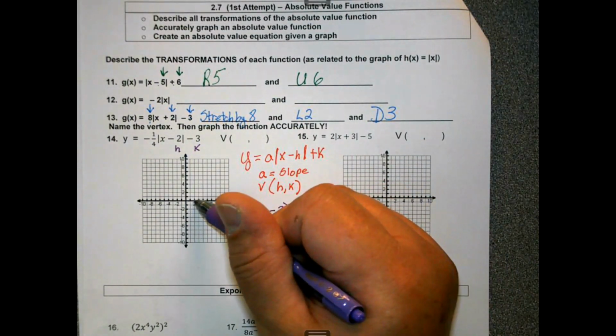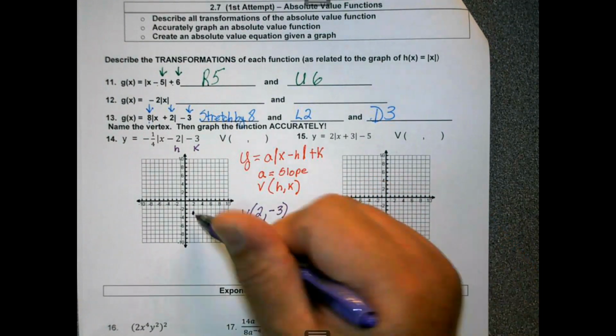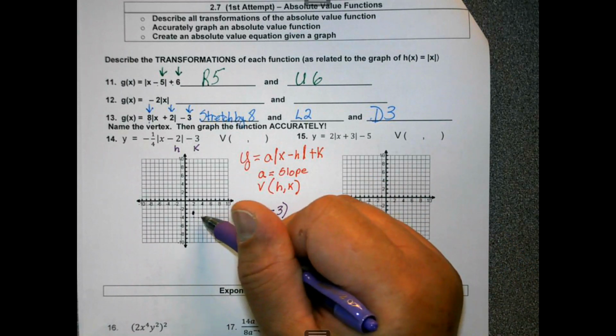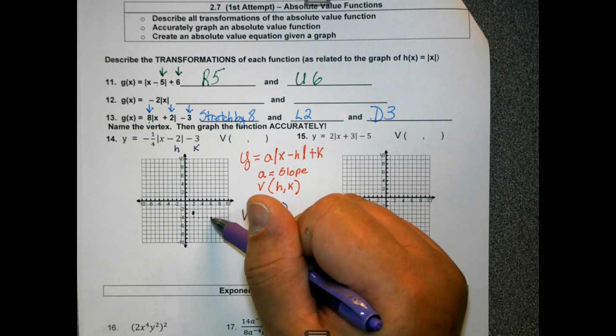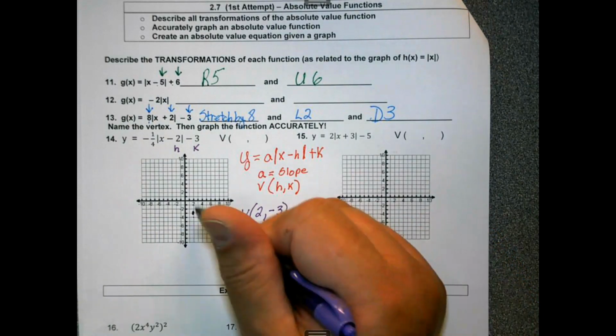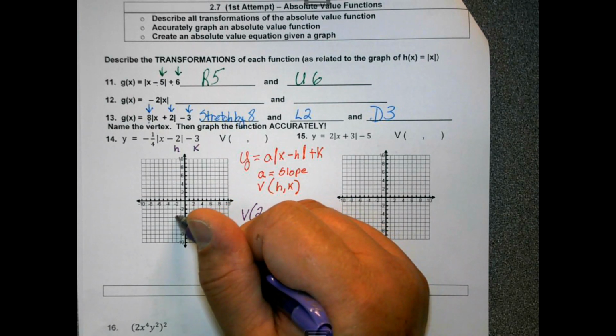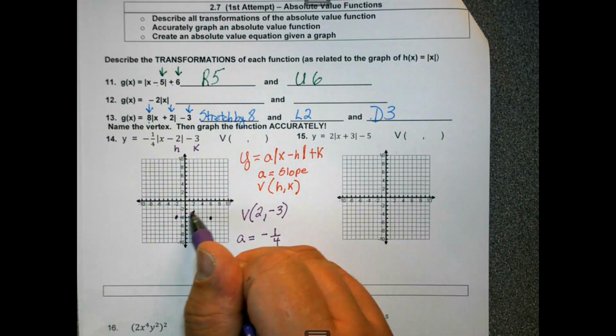Vertex is 2, negative 3. My slope, going to go down 1 to the right 4. And then axis of symmetry, so I'm going to go down 1 to the left 4. And here's my graph.